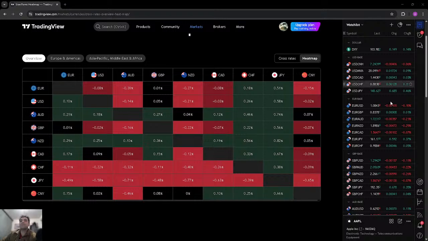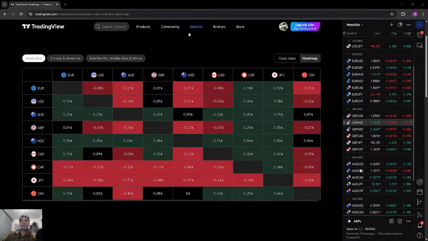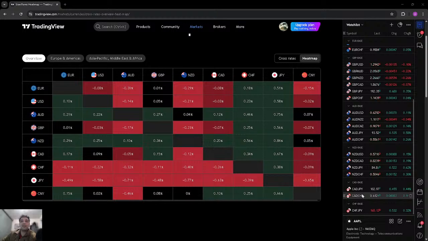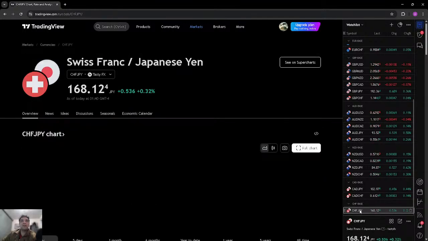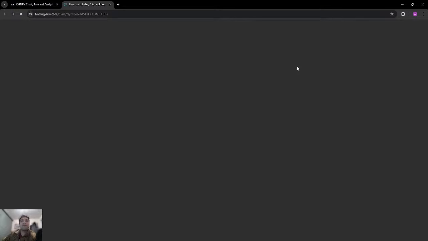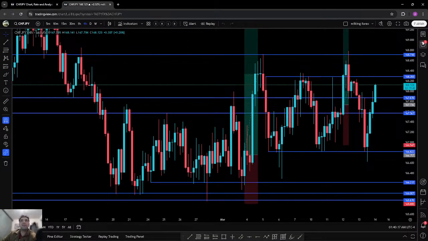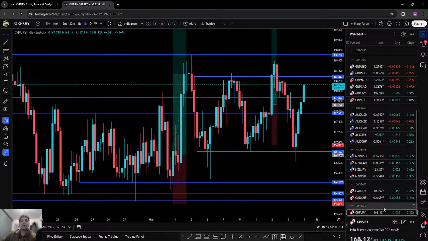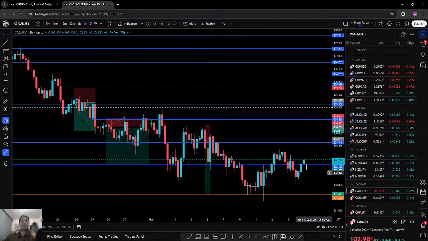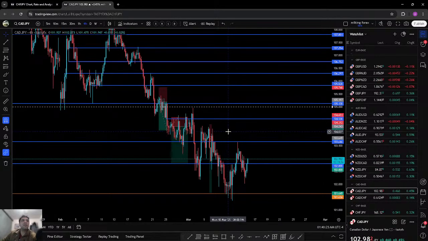So what I was doing, if we actually look into the charts for the Swiss and yens right here, that's why we are looking at that yens are the weakest, and CAD yen right here.